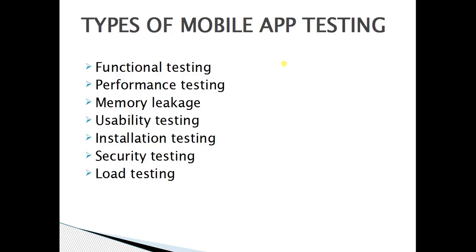Now I go to security testing. This is performed by the security tester, and it is basically to check vulnerabilities to hacking, authentication, data security, session management, and other security standards. And the last but not the least is load testing. This is when many users all attempt to download, load, and use the app simultaneously. It slows the load times or crashes the app.